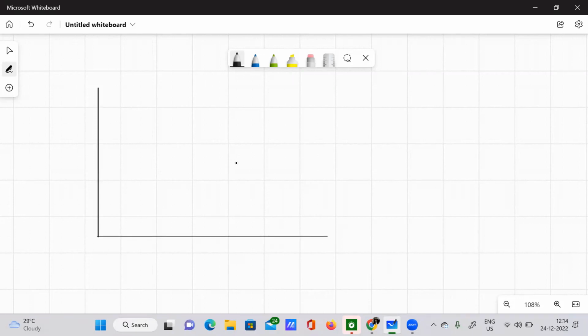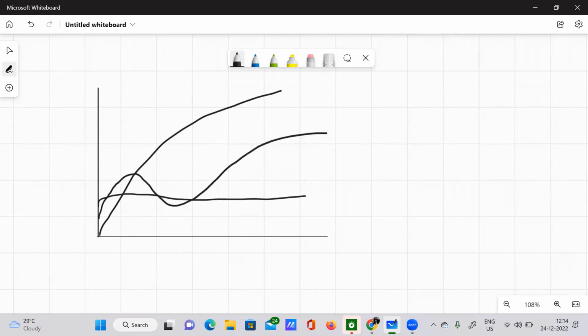For example, this would be my first constant, that is c1 of f of n, and this would be my second constant, that is c2 of f of n.